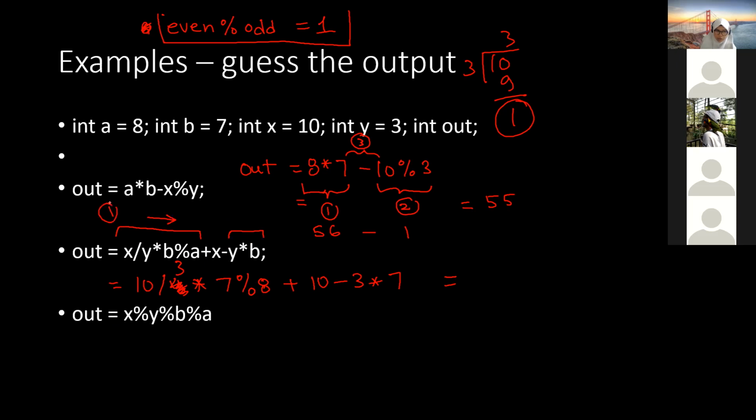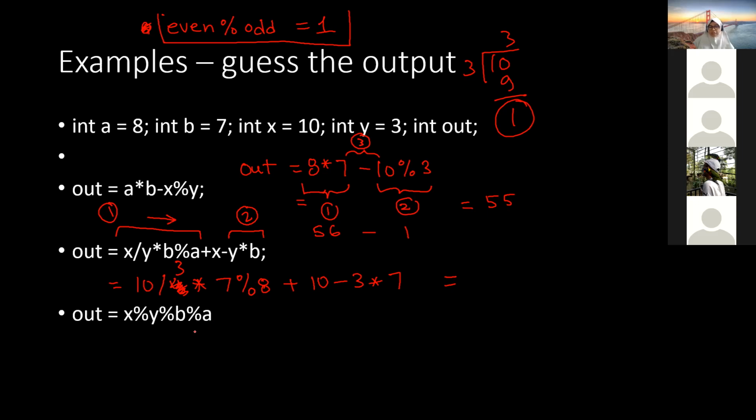Then you need to evaluate these two. So this is number 1 evaluation, and this is number 2 evaluation. Number 1 evaluation, 10 divided by 3. Remember, these are integers. 10 divided by 3, what is the answer? 3.